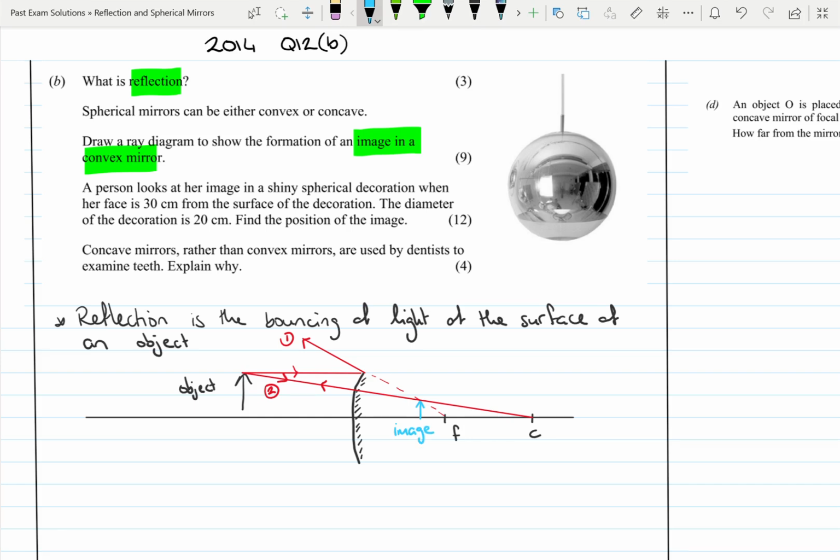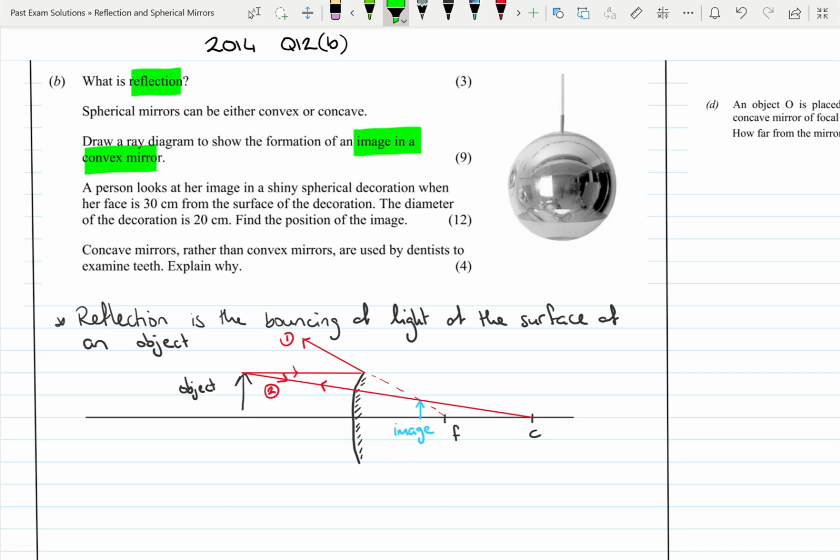So in this case, our image is upright, it's behind the mirror so it's virtual, and it's diminished. And that's us done with our light ray diagrams. Very, very important to be able to draw all our light ray diagrams, guys. Okay, so next question.